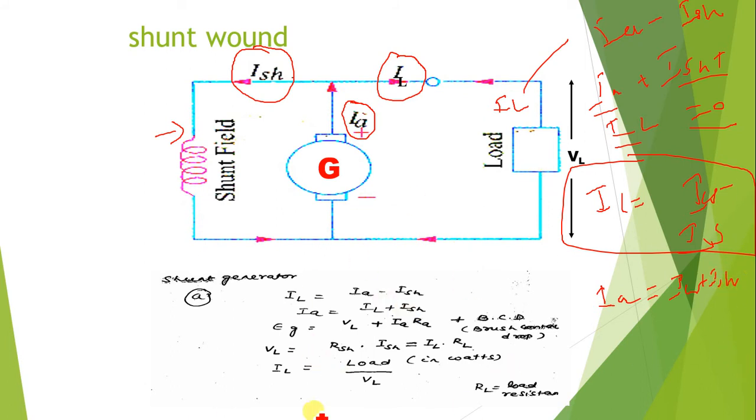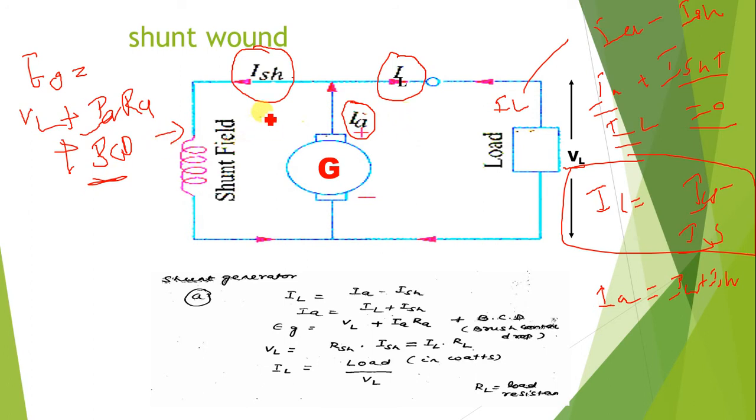Now the total voltage generated, that is your total EMF, is equal to the load voltage VL plus IaRa plus the brush losses, BCD. So what is the load voltage?